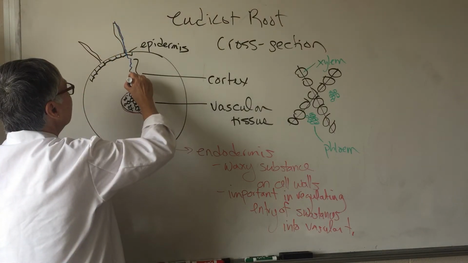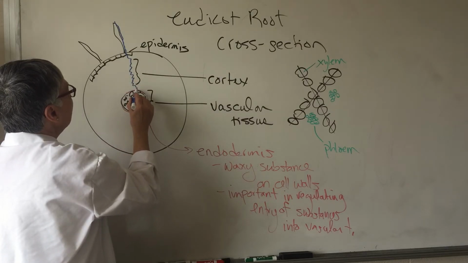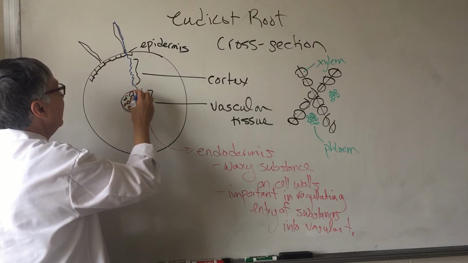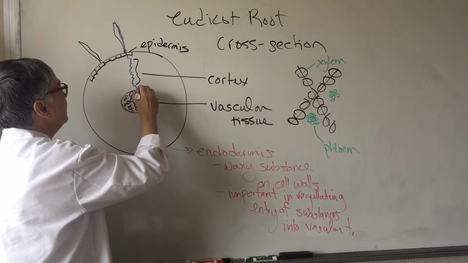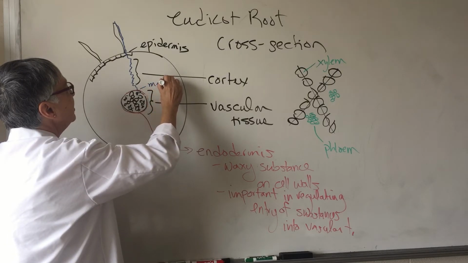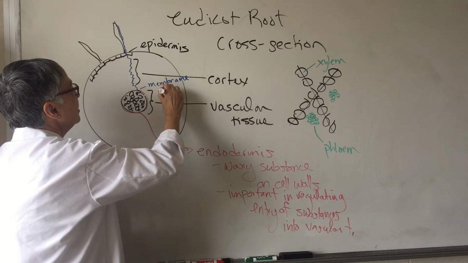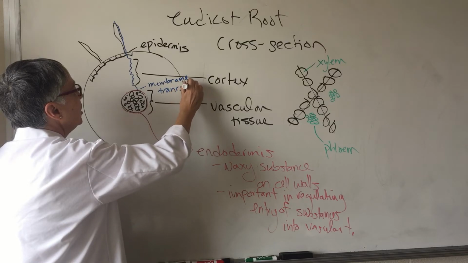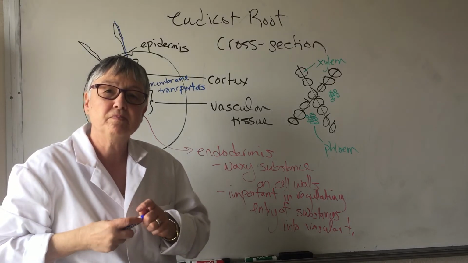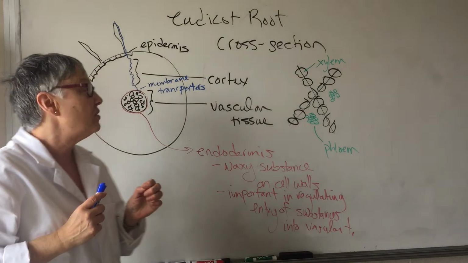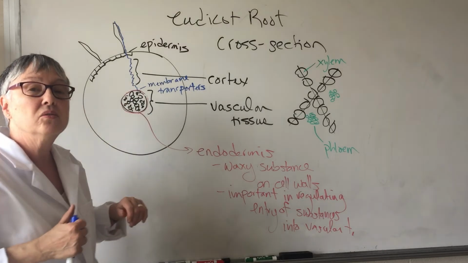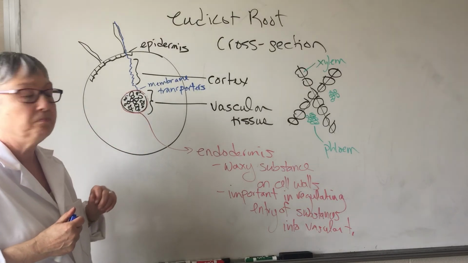So they make their way into here, and at this point, because of that waxy layer, they usually have to enter via special membrane transporters and other specialized transport mechanisms. So this is where the cell is going to control what actually goes into the vascular tissue.